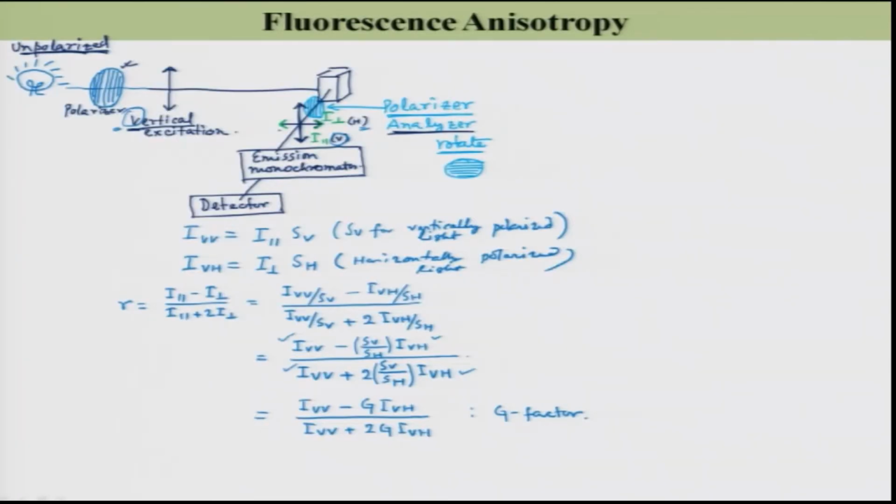Now, let us consider that same experimental setup we are going to use, like you see here. Let us write it over here once again. I am just writing a part of that, not the whole setup, because it is not necessary. So, here is your cuvette, and at right angle the emission is coming.